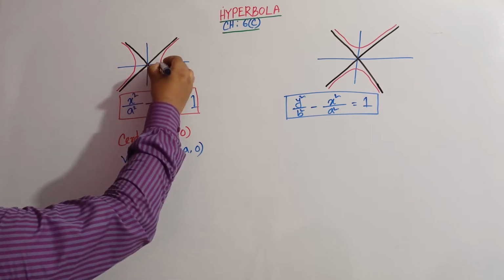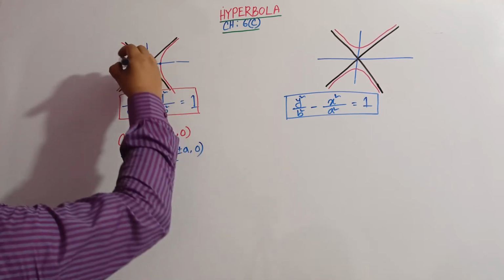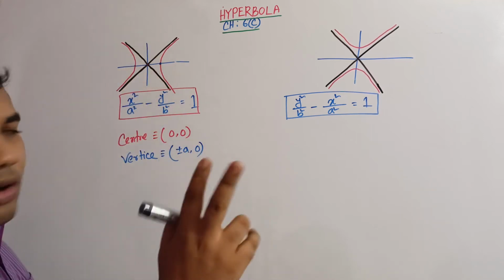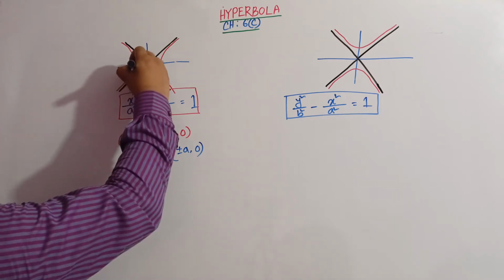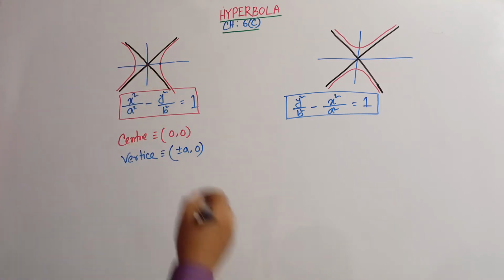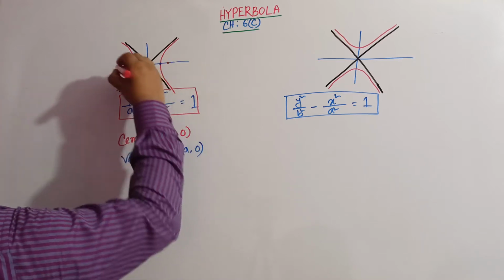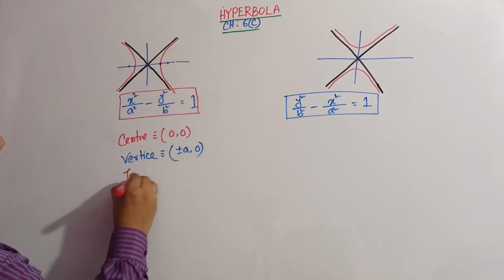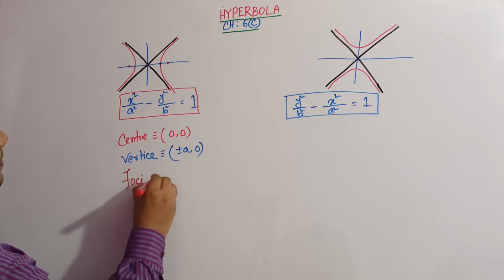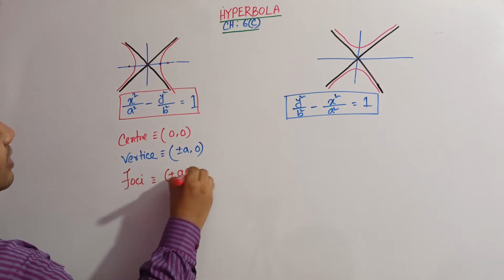You can understand that this is a vertex, and here is also a vertex. So both are the vertices. Then we go for our third part, that is the foci. So here is one focus and here is the other focus. The coordinate of the foci should be plus minus ae comma 0.